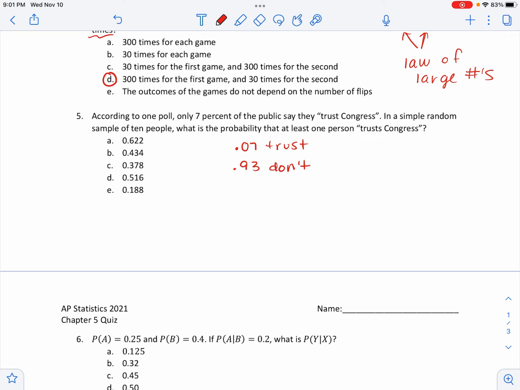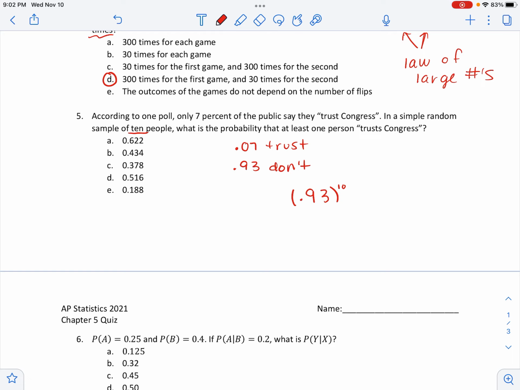In order to find the probability of at least one, we use the complement of the probability that none trust Congress. So I'm going to use the 0.93. I have 10 people, so I need to raise 0.93 to the 10th power in order to get those 10 people all not trusting Congress.